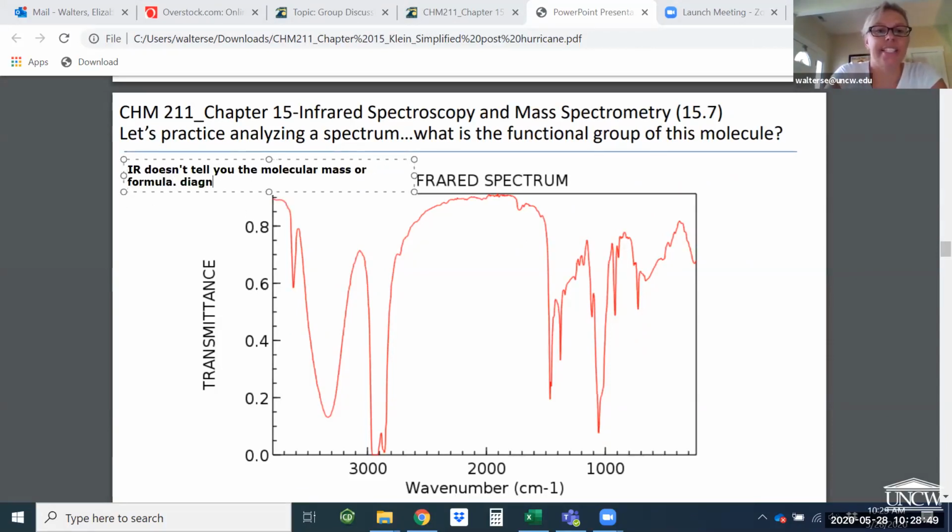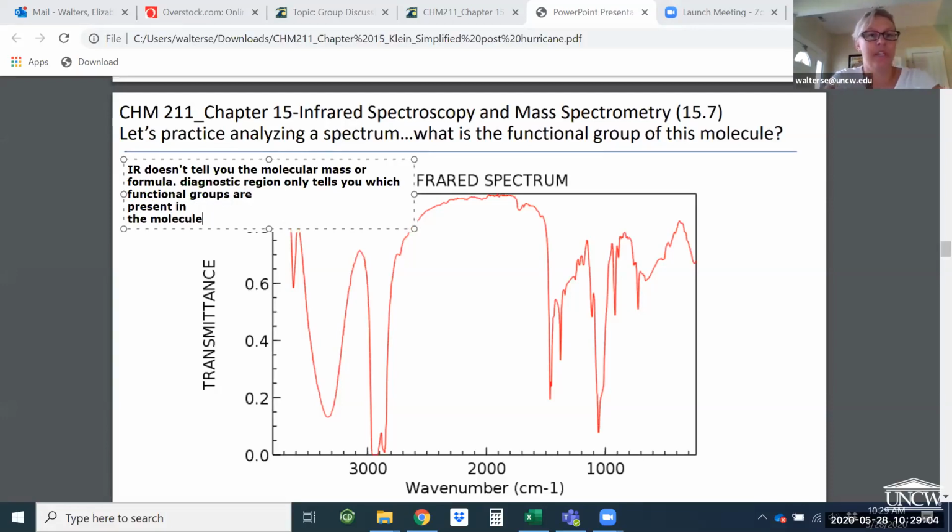The diagnostic region only tells you which functional groups are present in the molecule. If you want the mass, you need the mass spectrum, which will be the second part, the spectroscopy part from tomorrow.